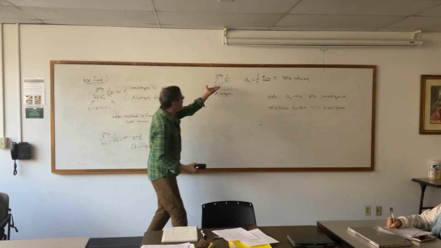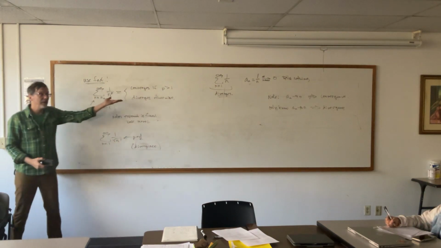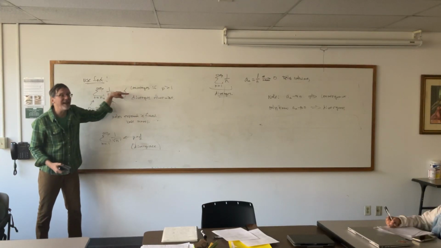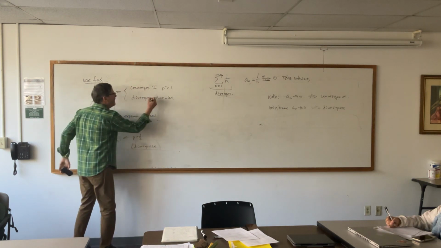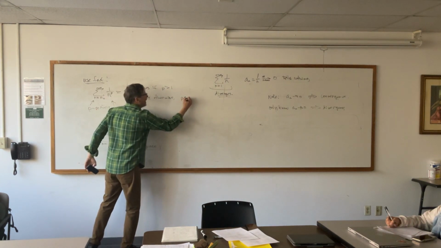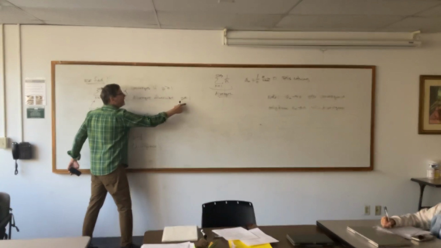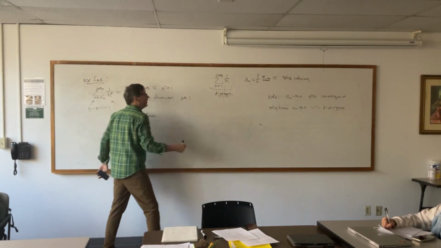So now you can see that's just a P series. The harmonic series is just a P series. In fact, it's the borderline, right? Because right here in the middle, this is P less than or equal to 1. This is when things get bad, right at P equals 1. So that series diverges, but look at this.